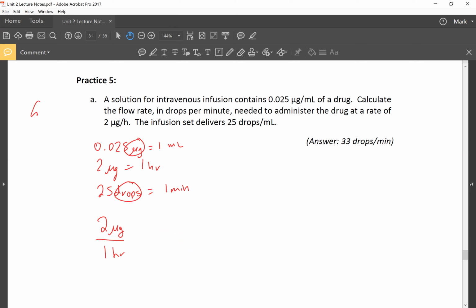Well, I know that 2 micrograms can be converted into milliliters because 1 milliliter will deliver 0.025 micrograms. Now I need to convert the milliliters to drops. Well, I also know that 25 drops.